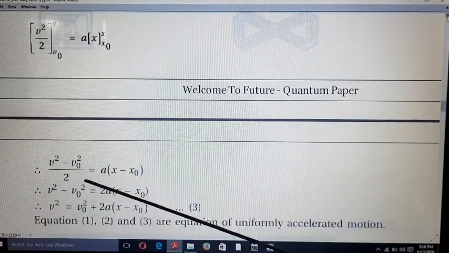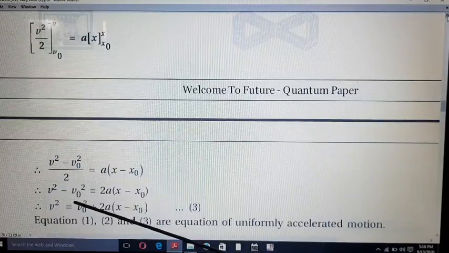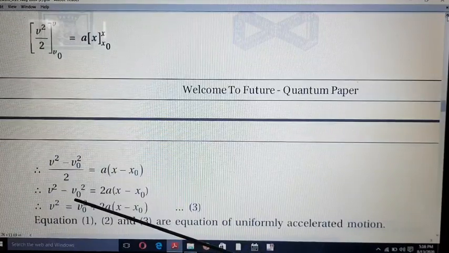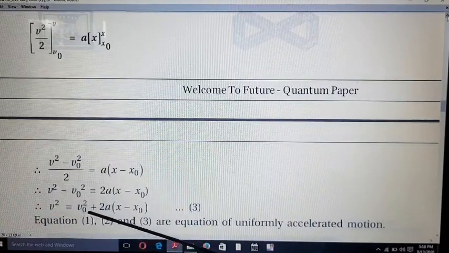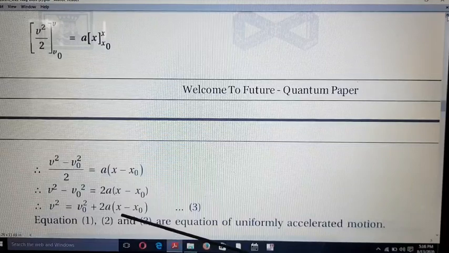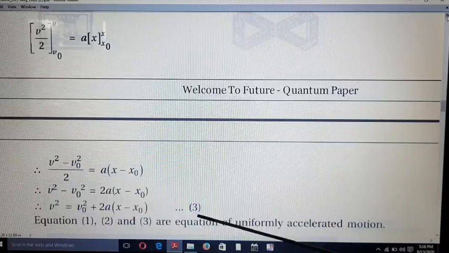This v0 square is moved to the right hand side, so its sign is positive. So we get v square is equal to v0 square plus 2a times x minus x0. This is equation number 3.